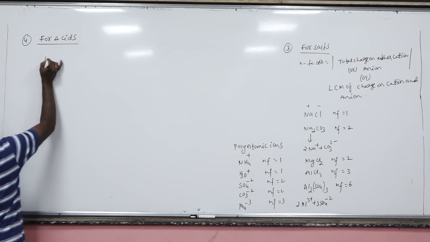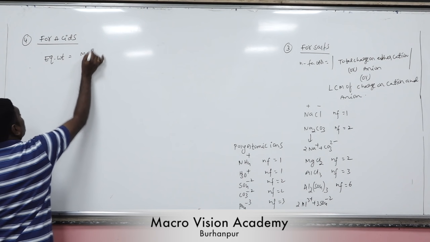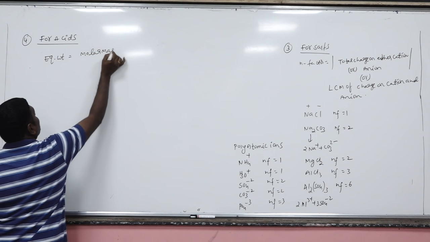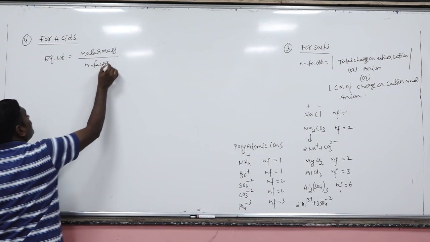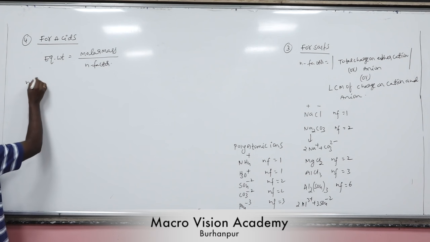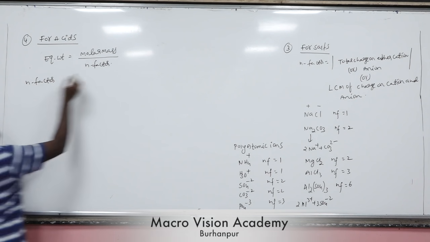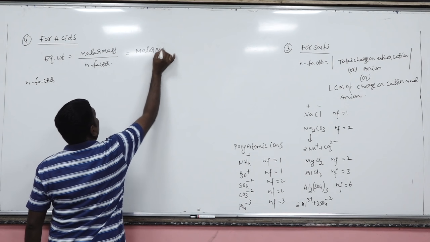How to calculate the equivalent weight of an acid? Again, the formula is the same. Molar mass divided by what? N factor. Now, what is the definition of the n factor of an acid? Now, this n factor for acid is called basicity of acid.